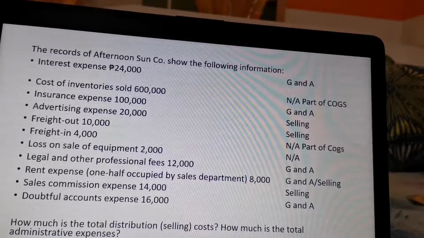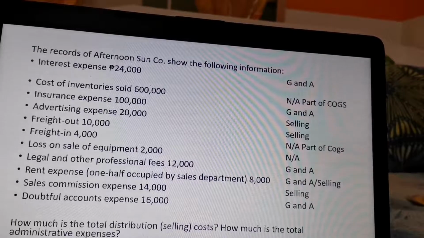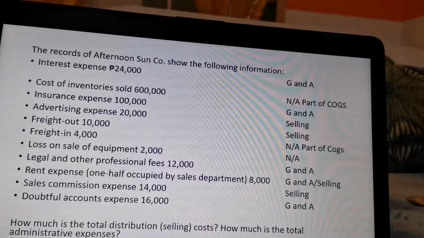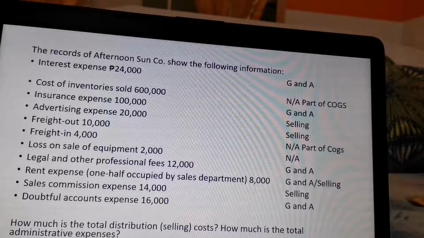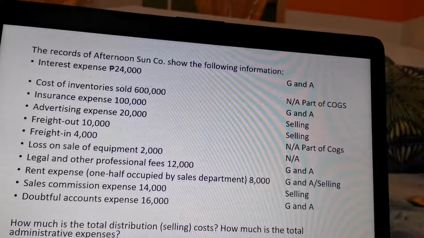Ngayon, itong freight in naman, kung freight out ay the goods papunta doon sa buyer, ito naman ay yung transaction cost natin na papunta kay seller. Ayan, so bumili ka ng goods mo para maibenta rin. So, ito ay part actually ng cost of goods sold.